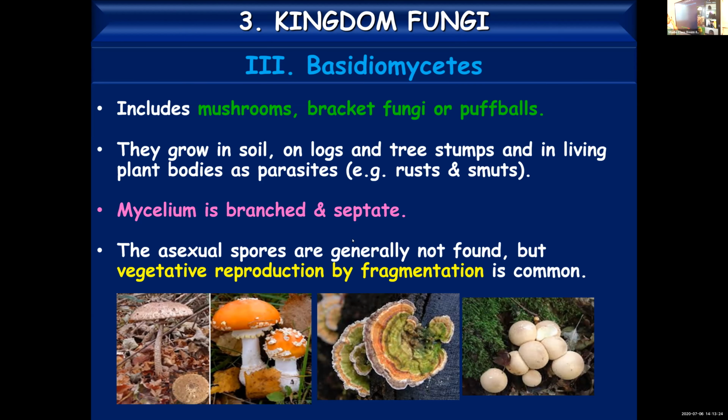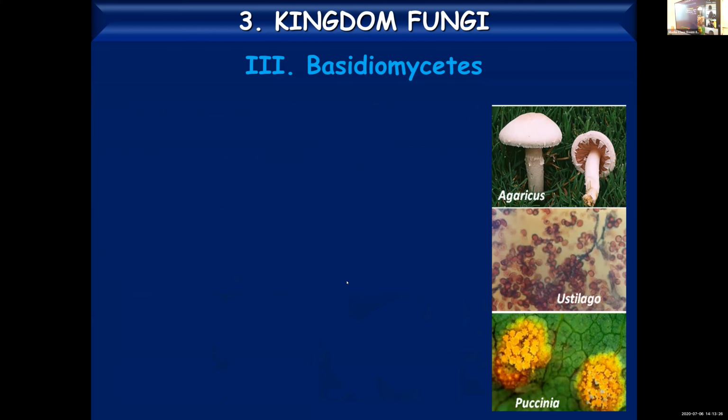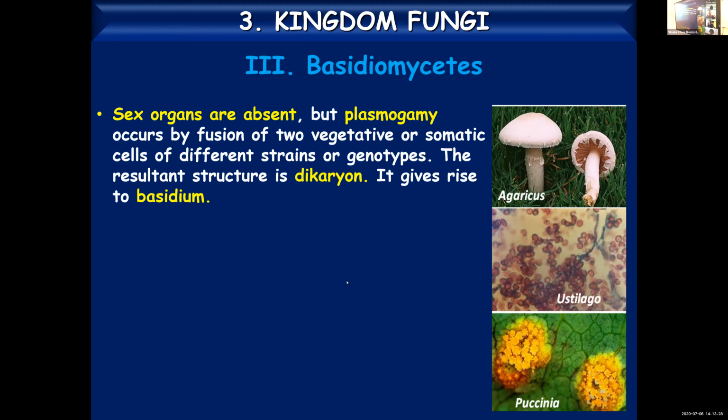Now moving on to sexual reproduction. Here sex organs are absent, but there are important steps which we discussed when we were dealing with the different stages in sexual reproduction: plasmogamy, karyogamy, and also meiotic division. So plasmogamy is a fusion of protoplasm between two gametes.